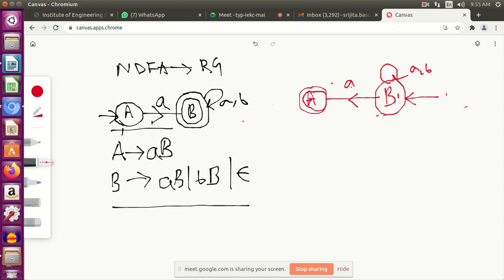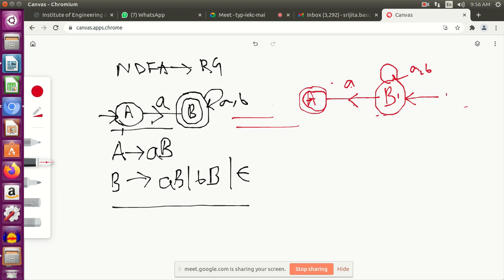Okay, so look at this one. I have reversed the automata. Here you have reversed the edge of a, and here A was the initial and B was the final state.